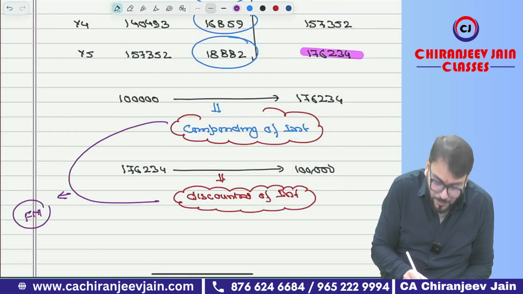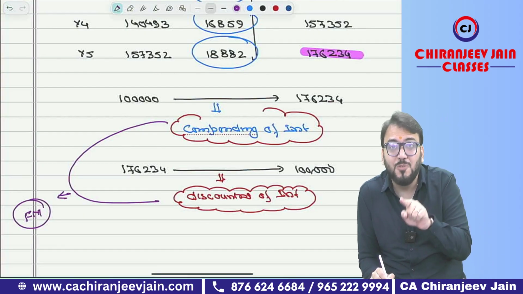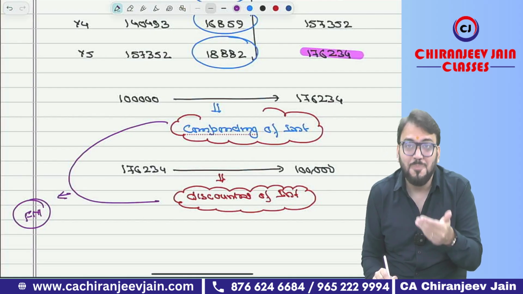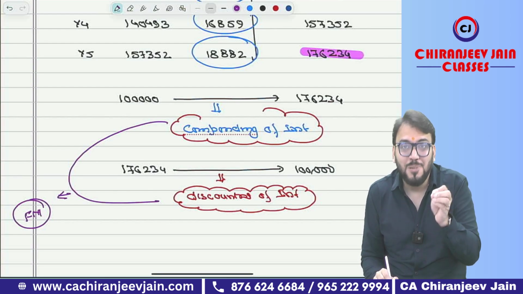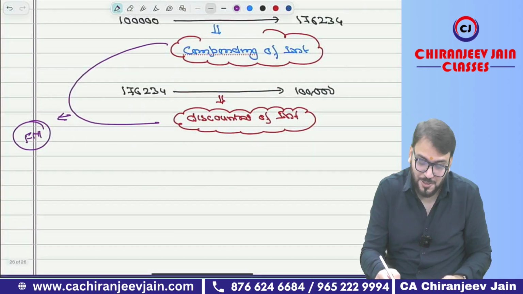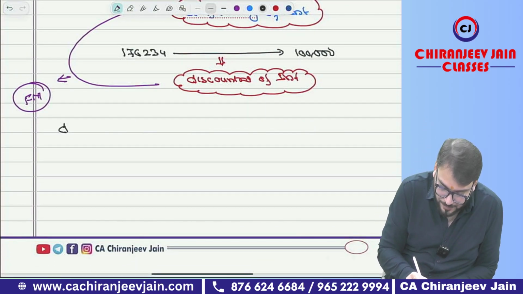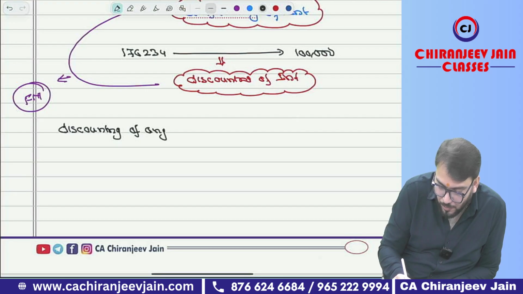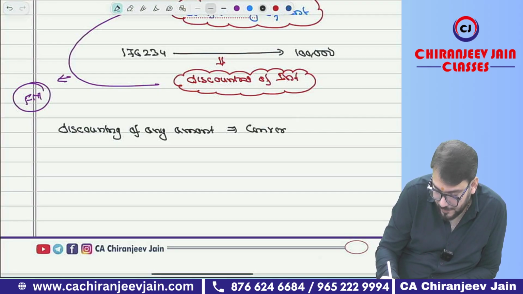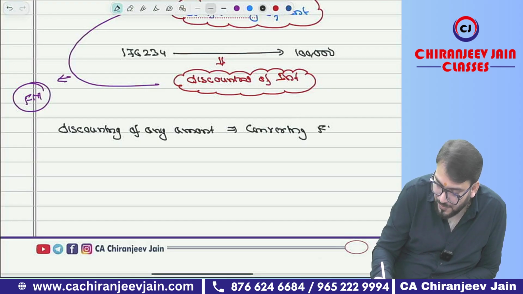So whenever I say discounting, it means we want to convert future value into what? Present value. Whenever I say compounding, it means I want to convert present value into what? Future value. Whenever I say discounting of any amount, it means converting future value into what?